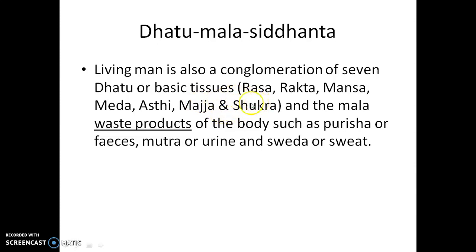Along with that, they also consider the role of Mala, the excretory or waste products of the body. Three types of Mala are available: Purisha or feces, Mutra or urine, and Sweda or sweat.